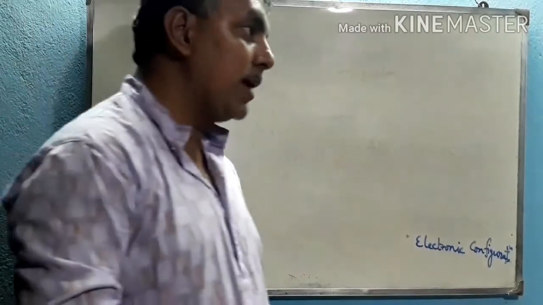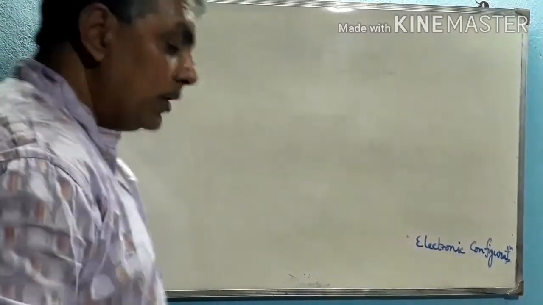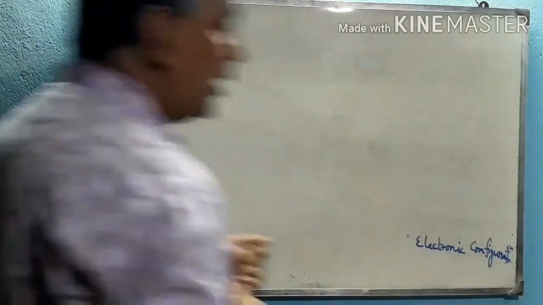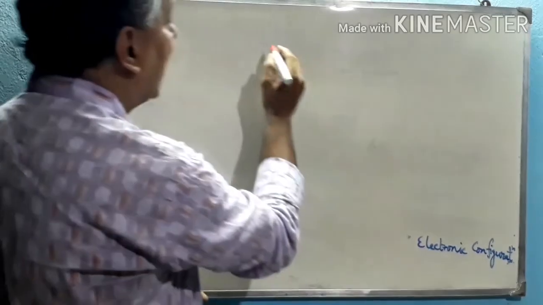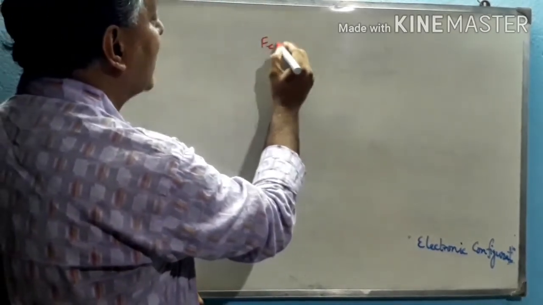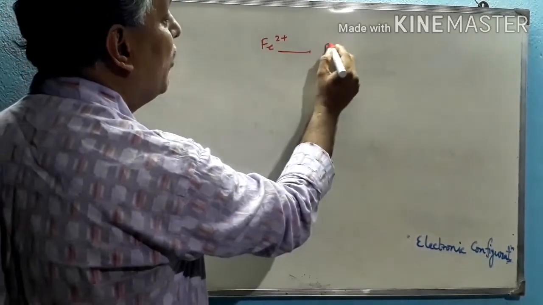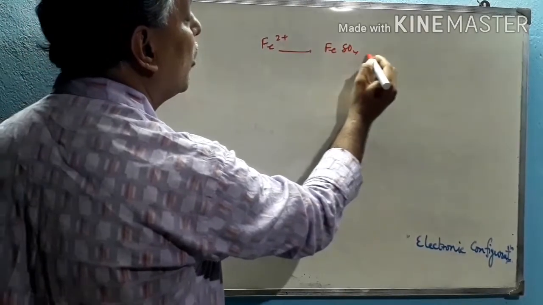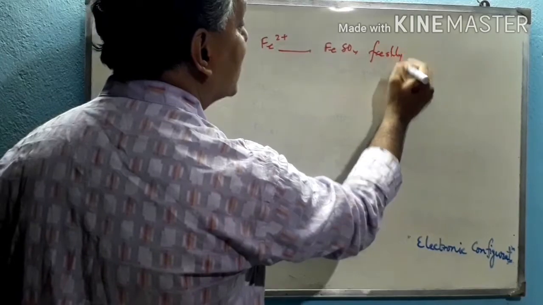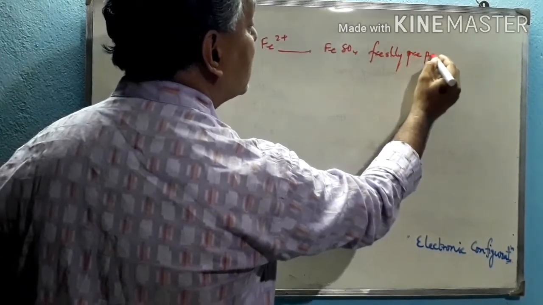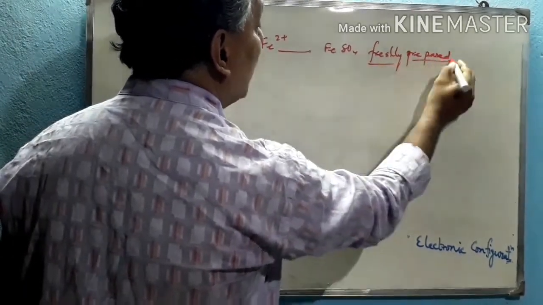Electronic configuration. First, the question is, we know that in case of the ring test of nitrate radical, Fe2 plus, ferrous sulfate, we have used freshly prepared solution. Why is the term freshly prepared used in case of ferrous sulfate solution?